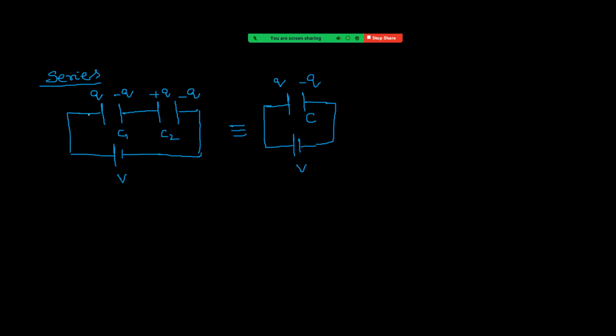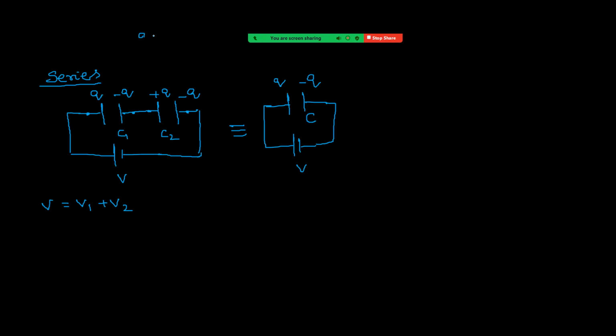We can see here the potential difference across the first one, take it as V1. Across the second one, take it as V2. Then we can write V equal to V1 plus V2. Now in the place of V, we can write Q by C, right?